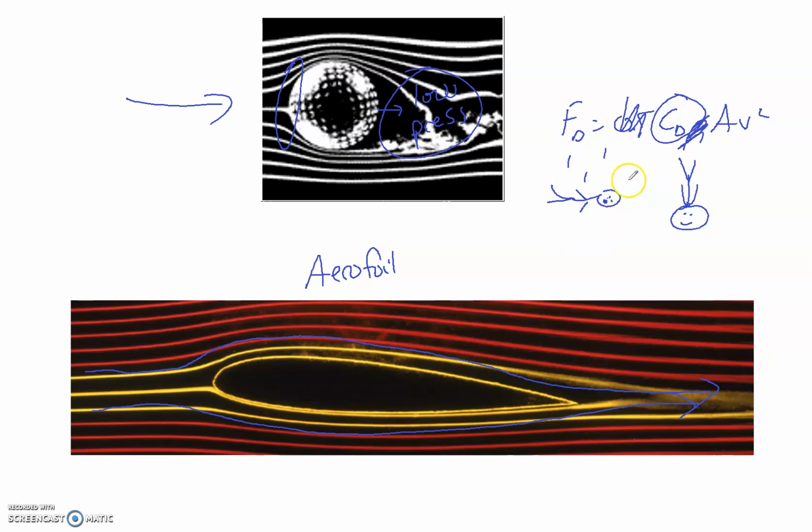This person will have a lot more drag. Their coefficient of drag is probably around 1.2, 1.3, 1.4, and this person's is probably around 1, because they're so much more aerodynamically placed. Their impact areas will also be different, but just by changing position, you can significantly change the coefficient of drag. Okay, so that's the basic idea.